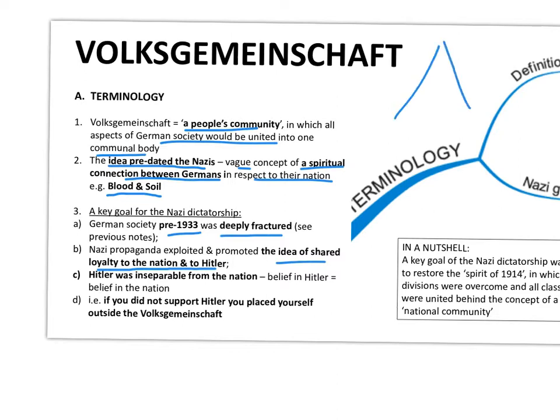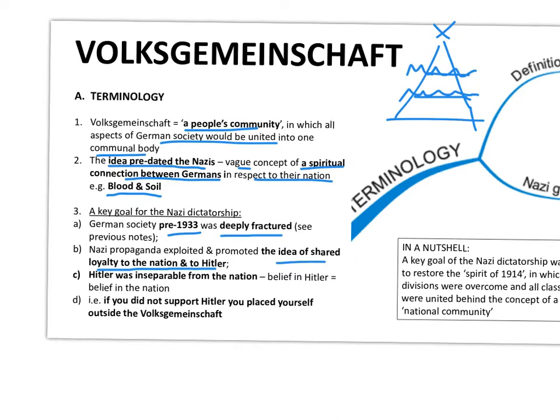There's our fractured German society, broken into the working classes, the middle classes and the upper classes, with tensions dividing the German people. What Nazi propaganda did was take hold of this and say: we are all Germans, we must work together, we must love each other for our Germanness. And Hitler at the top embodies Germanness.